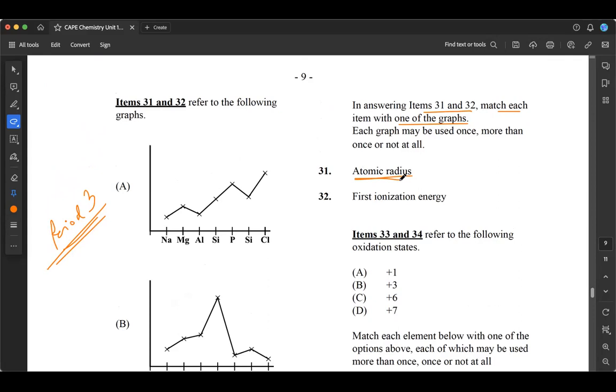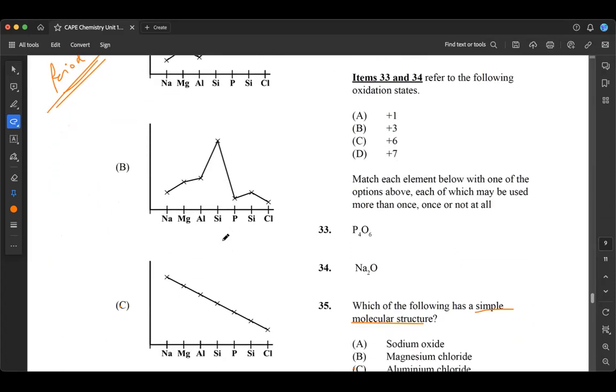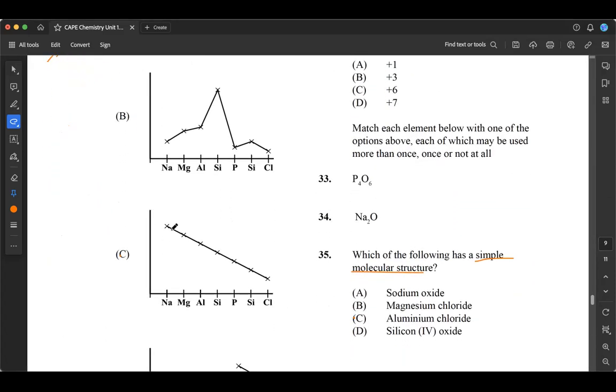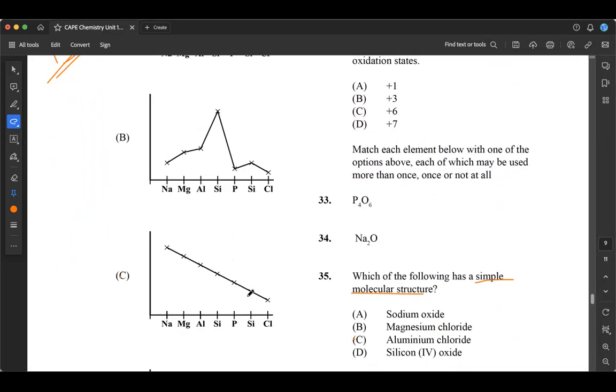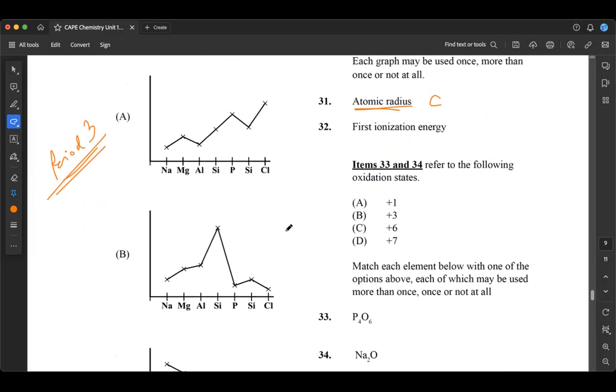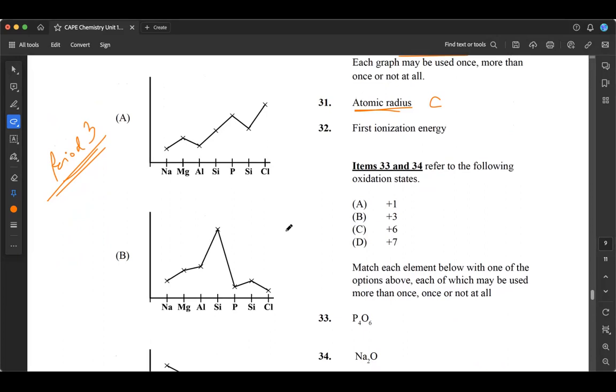So as we go across, the atomic radius actually decreases. Which graph shows that? That's C. C shows our atomic radius gradually decreasing as we go across period 3. And so the answer for 31 is C. So that is 31C. Now we're moving along to 32.